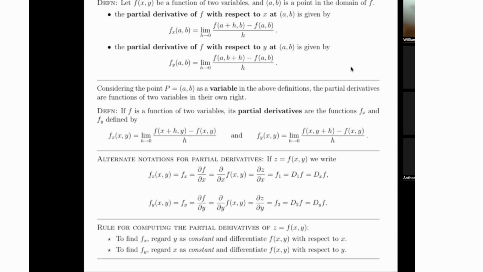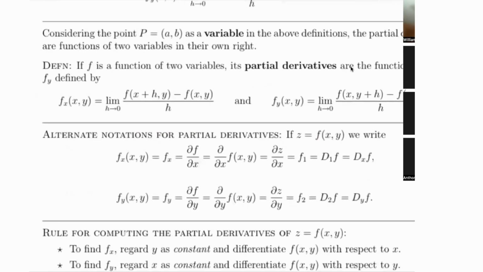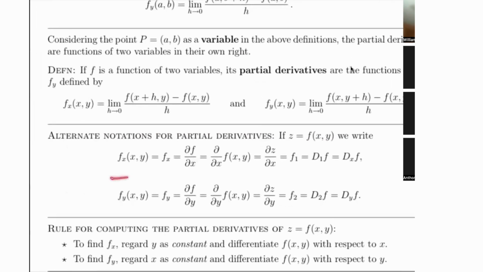Let me just say that, for the partial derivatives, you'll see there's lots of notations for it. This is not an exhaustive list, but it gives you some idea of the importance of partial derivatives because there are so many different notations available. So here's the first one I showed you: the partial derivative with respect to x. We write f with a subscript x at a generic point xy.